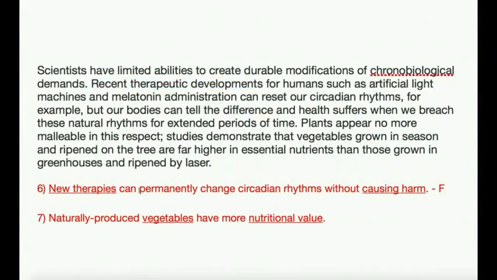We have permanently change. In the reading we have durable modifications. Causing harm, health suffers. So you can see it's very important. They'll always use different language in the statement to what you'll actually see in the reading, which obviously makes it more difficult to find the answers. So you have to be careful with that and look for synonyms or words that are similar or have different phrases.